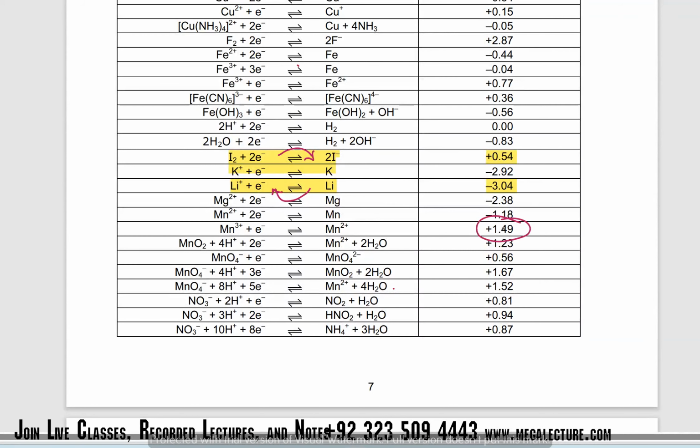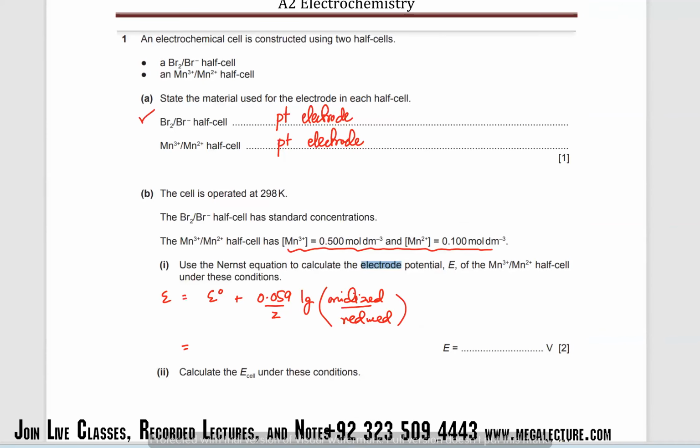That's 1.49 volts. How many electrons? That's just one electron, 0.059 divided by 1. Z was the number of electrons in the equation. In this equation there's only one electron being gained and lost. So then log of oxidized species over reduced species.